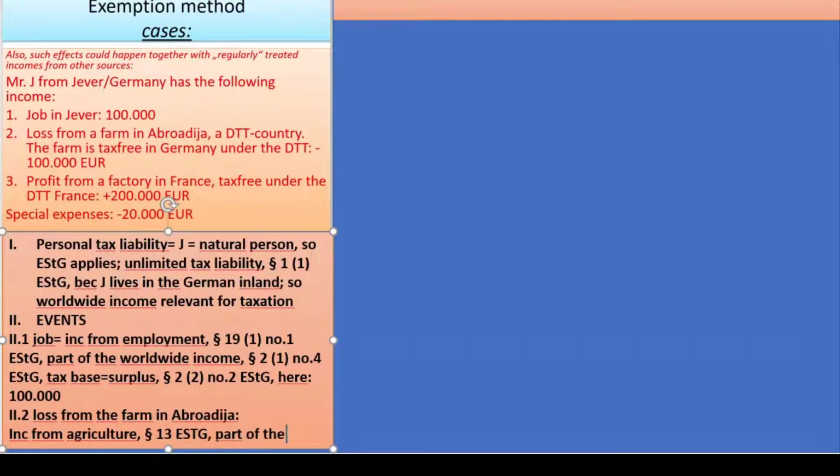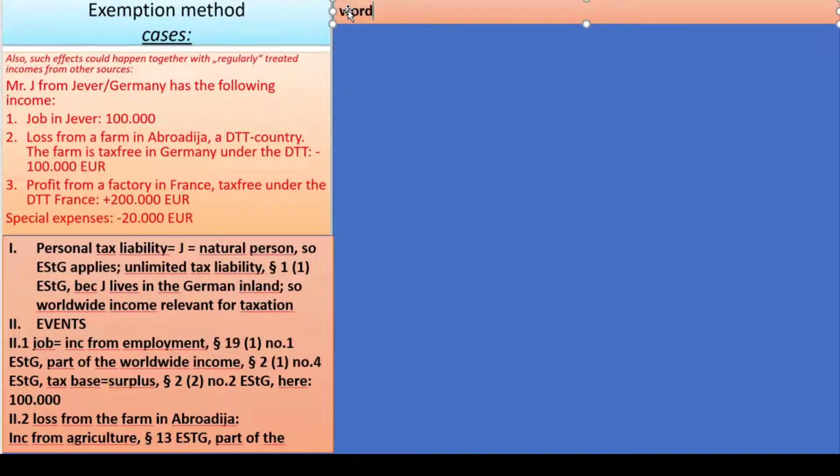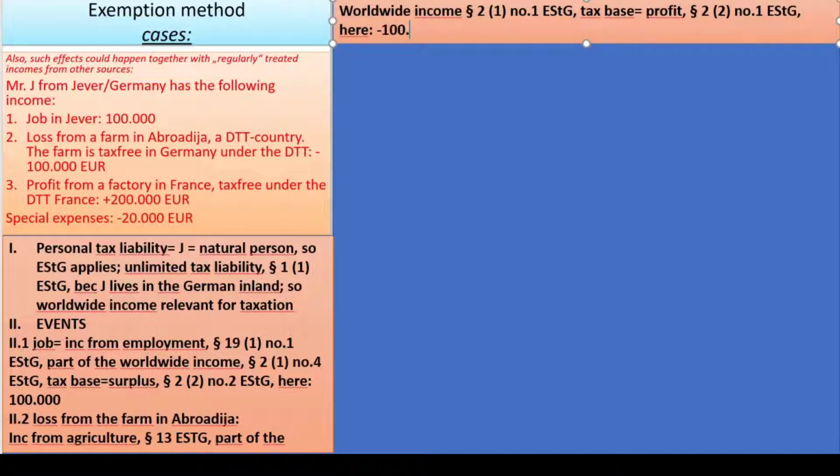Part of the worldwide income under 2.1 number 1 because it's the first thing in the list. The tax base is the profit, 2 number 1 ESTG. That's here given as minus 100,000.